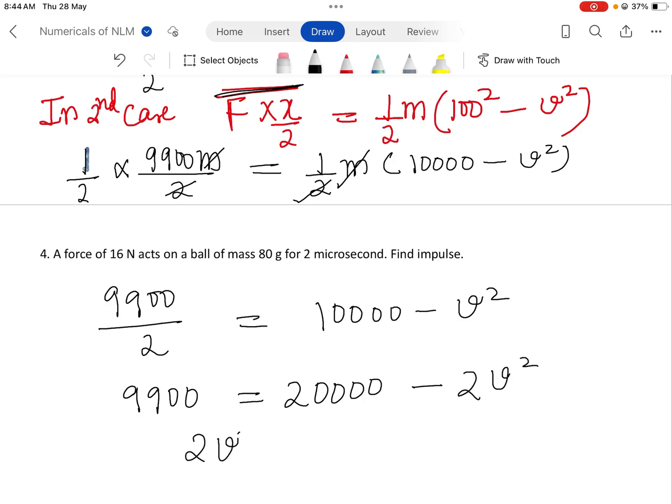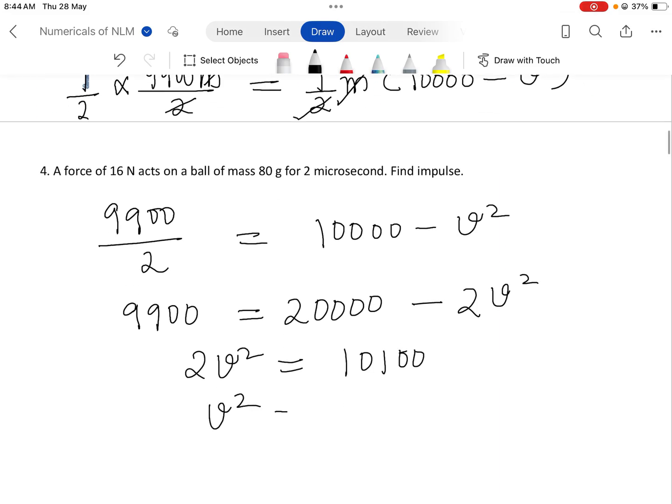So what is 2v square? It is perhaps 10,100. So v square, so that you can do 5050. So v equals to square root of this. So that you can find it. It's clear.